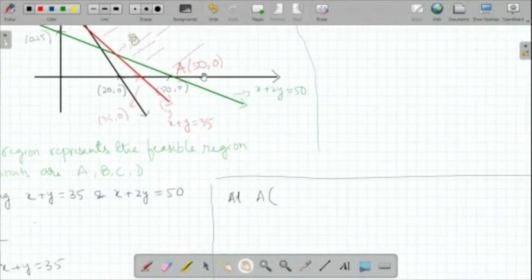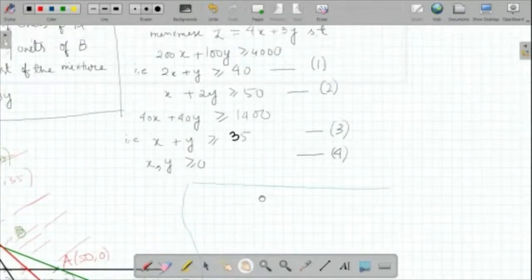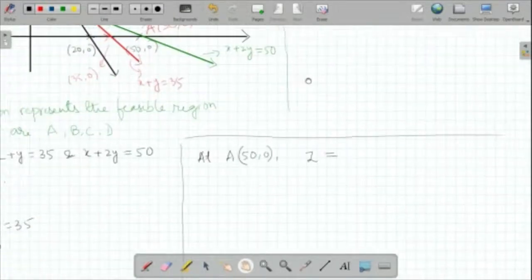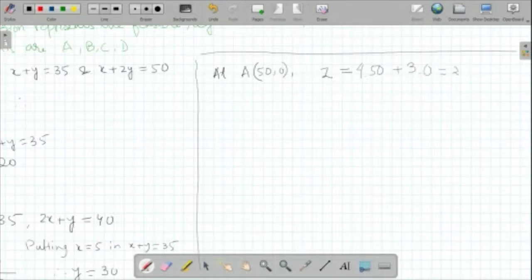What is our A? (50, 0). What is the value of z? z is 4x plus 3y, so it will be 4 times x, which is 50, plus 3 times y, which is 0, so that is 200.